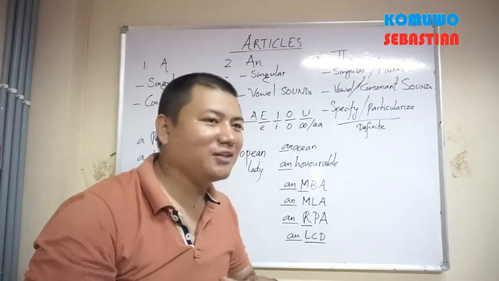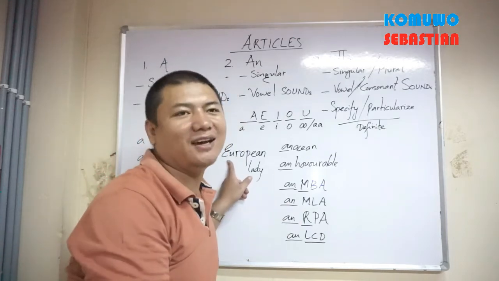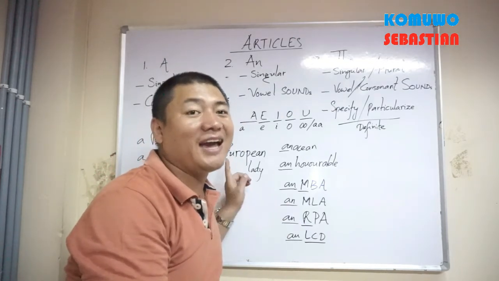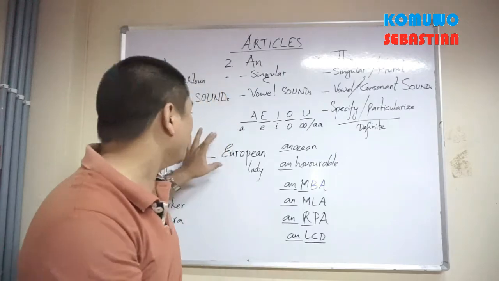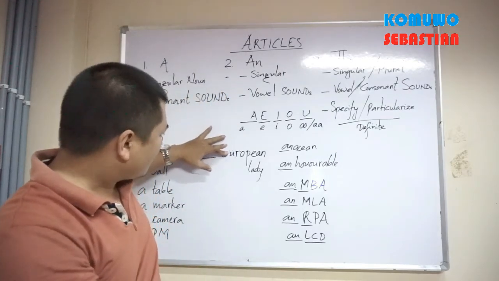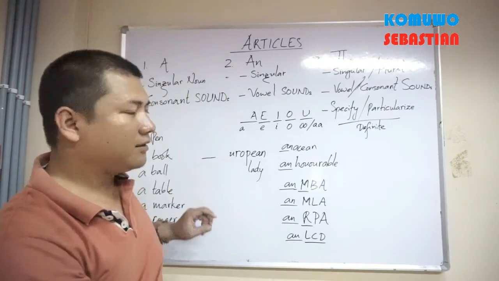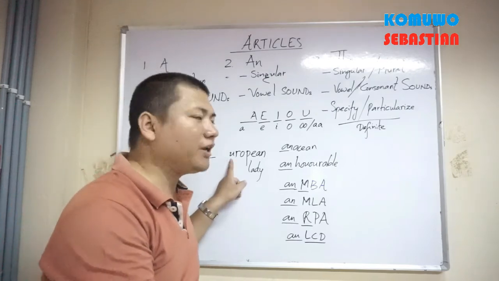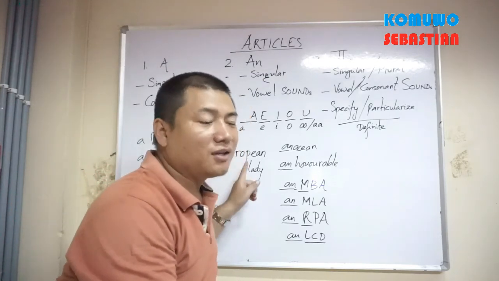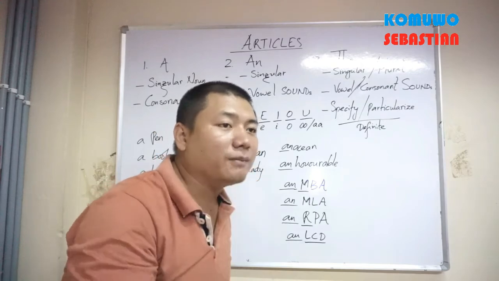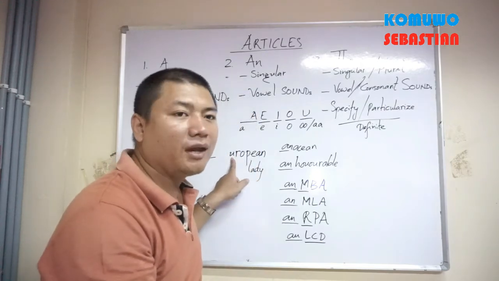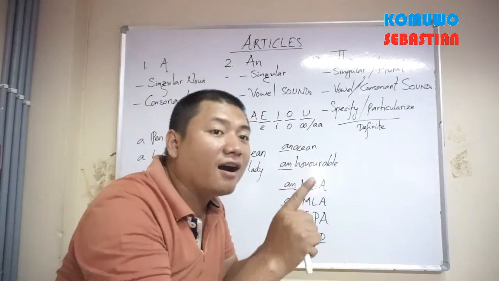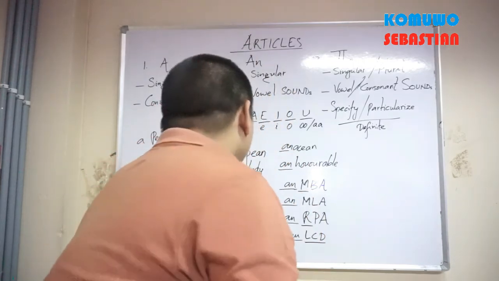Okay. First of all, you tell me how do we pronounce this? It is pronounced as you. This E is silent. So it starts with the sound of this U, which is ya.